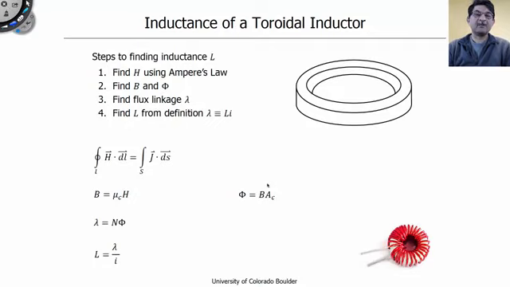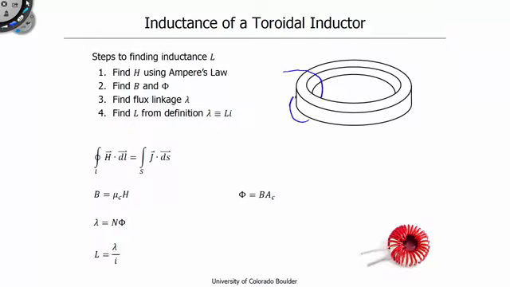As a first example, let us determine the inductance of a simple toroidal inductor. Here we have a core, some magnetic core, around which I'm going to wind some turns. Let's put N turns around this toroidal core.